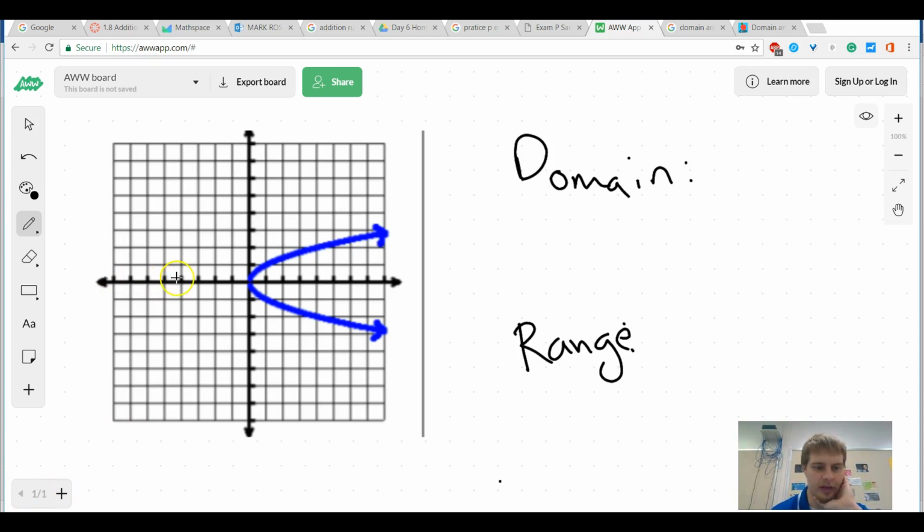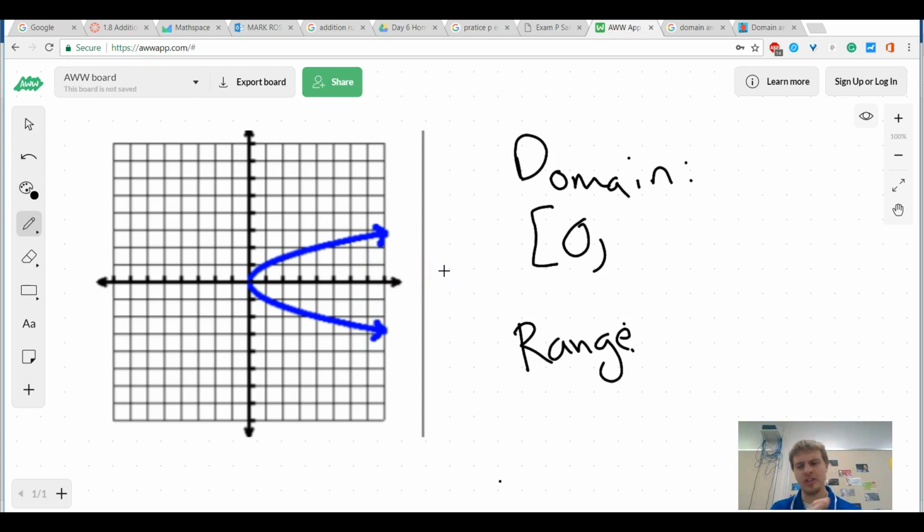So my domain, when I look, it starts here, and that's going to be a closed point because we can actually see the point. So that's going to be a closed bracket, and that happens at 0 again. And then this is a little bit weird because as we go, we could say, oh, it stops here, but that's not true. These have arrows. So these things keep going, so it never stops.